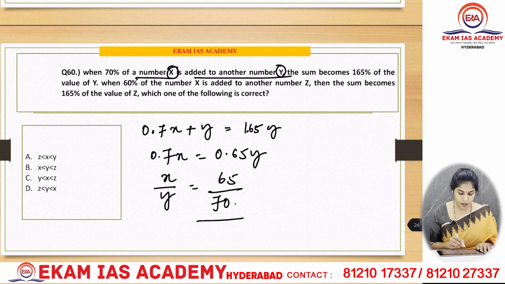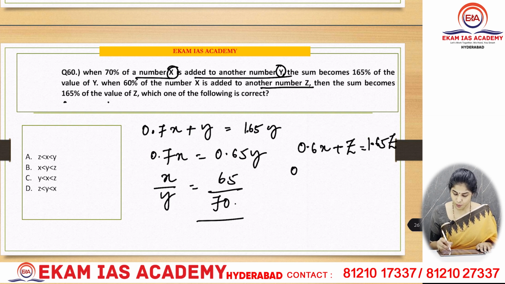And the other statement, when 60% of the number x, which is 0.6x, is added to another number z, then it becomes 165% of the value of z, which is 1.65z. Let me solve it. 0.6x is equal to 0.65z, right?